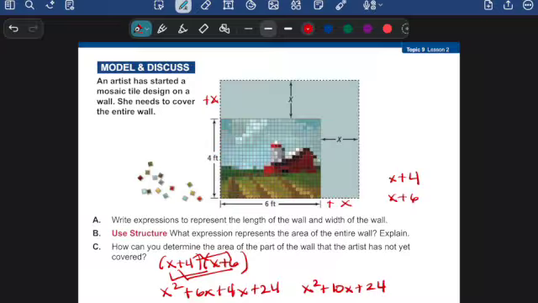How can we determine the area of the part of the wall that the artist has not yet covered? Well, this expression is the total. They've already covered 24. We just need to subtract 24, which cancels that constant out, and what is left is what still needs to be covered. So x squared plus 10x still needs to be covered.